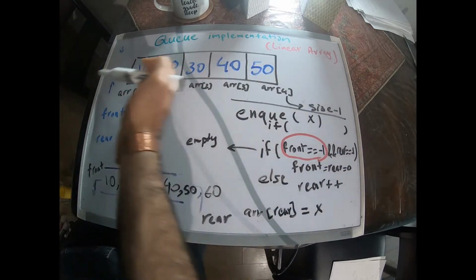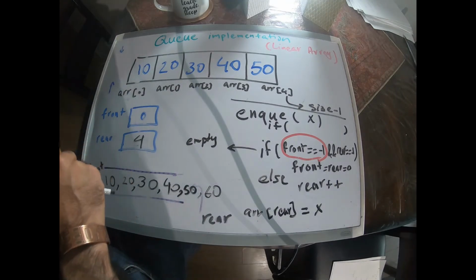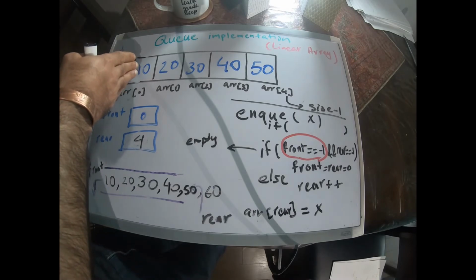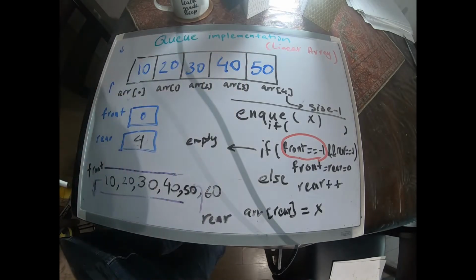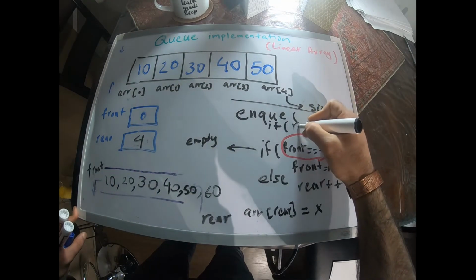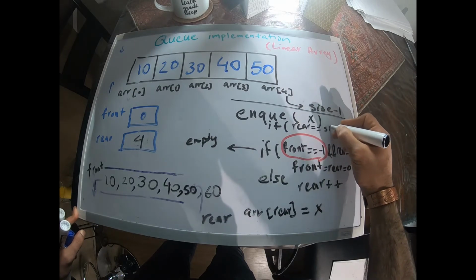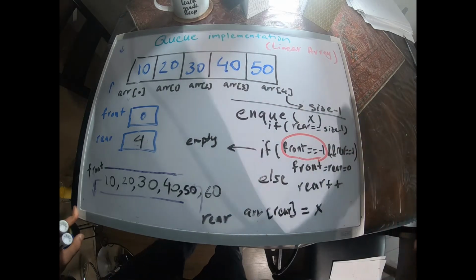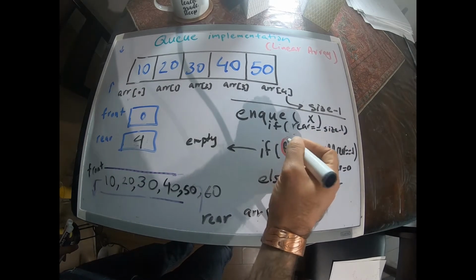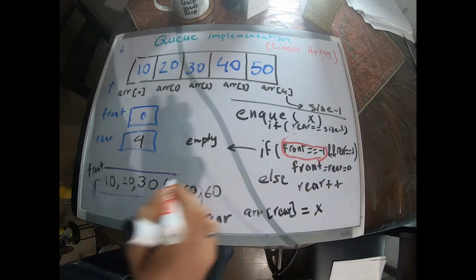See, here at this point, our queue is full. Does it depend on the front? No. It only checks the rear, right? So what I have to write here: if rear is equal to size minus 1, right? At this point, this means that our queue is full.